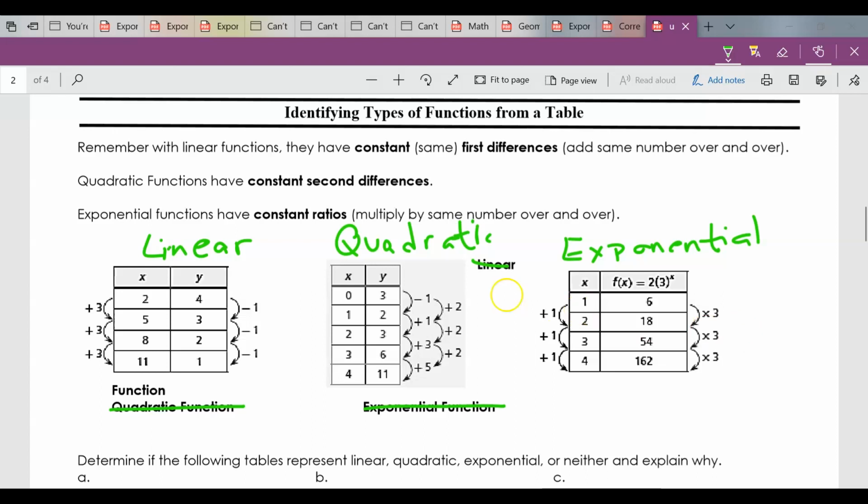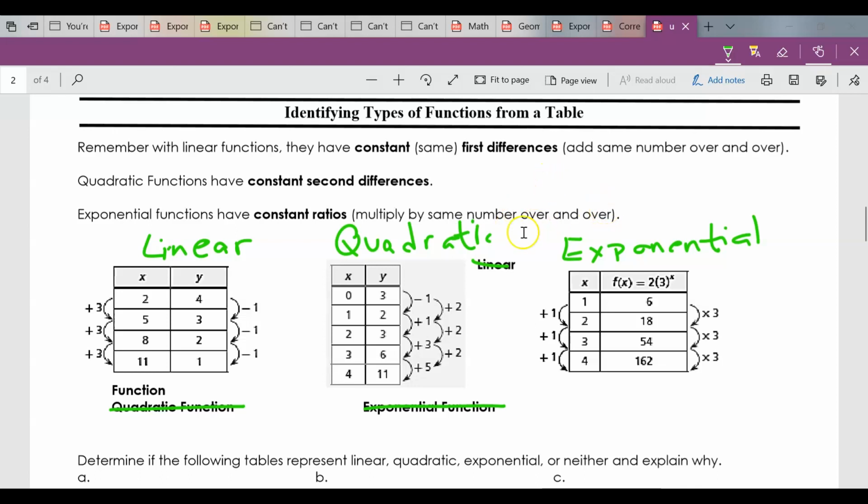And these are our rules for looking at a table and determining if it is linear, quadratic, or exponential. So let's look at the two easy ones first. We're going to look at linear and exponential. These two you've probably noticed or made these up on your own.